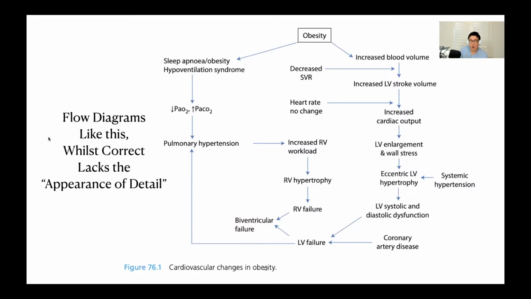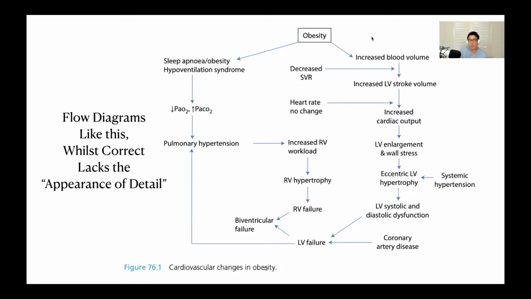The thing with flow diagrams like this, whilst it's correct, unless you've got this amount of detail in, I think that sometimes flow diagrams lack the appearance of detail. What I mean by that is they just need that bit of explanation in terms of why these things are happening.